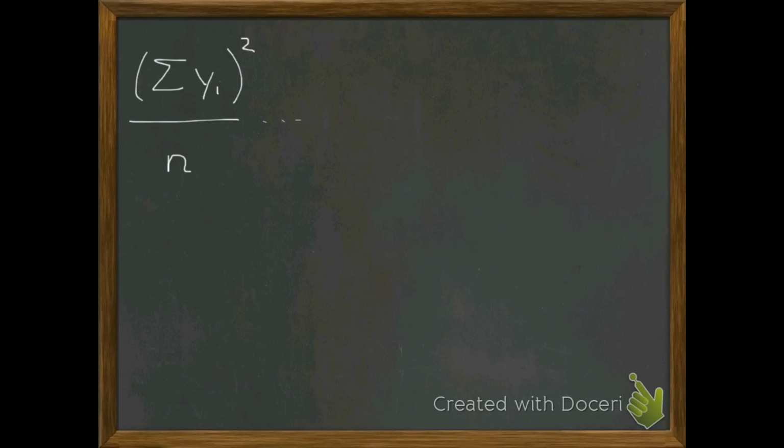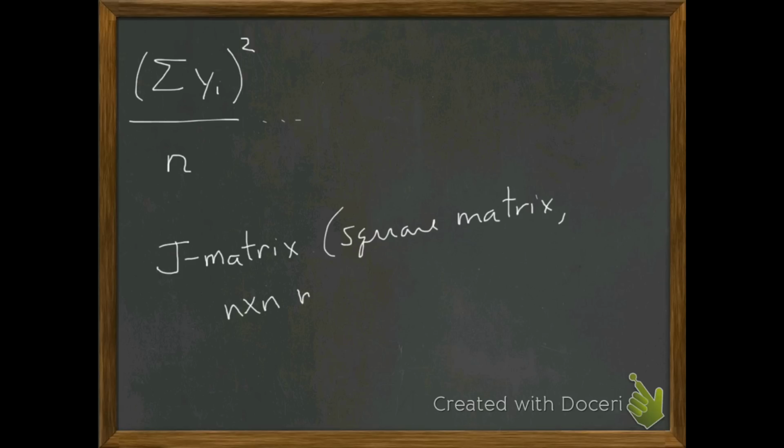Now, guys, something that shows up a lot in statistics is called a J matrix. A J matrix is a square matrix, so we'll say it's just an n by n matrix. It turns out it's really easy.